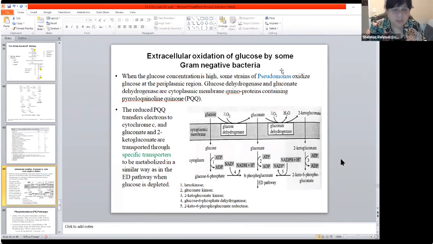So just to tell you that some bacteria of Pseudomonas, when they see high concentration of glucose, they go into all these different ways of transporting it into the cell to be used as energy sources. Okay, so this is a greedy bacterium, I would say.